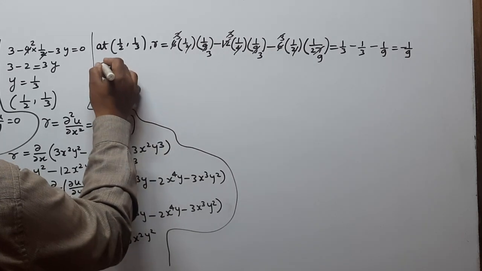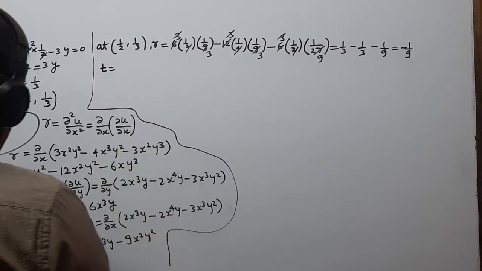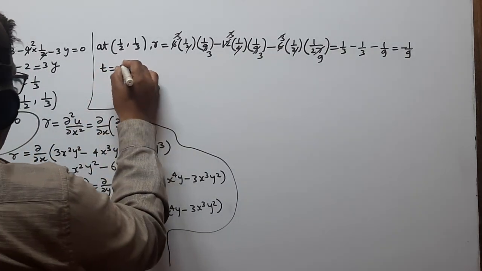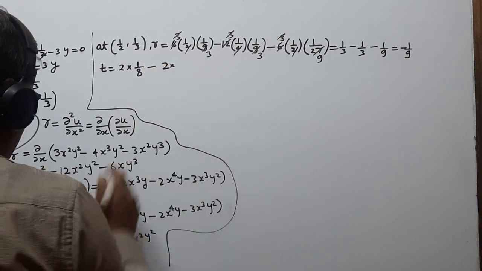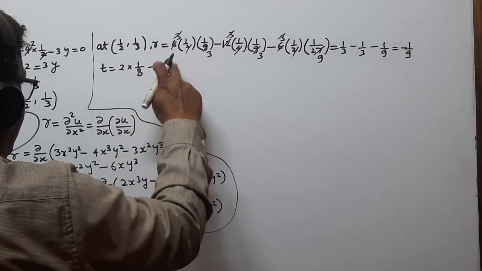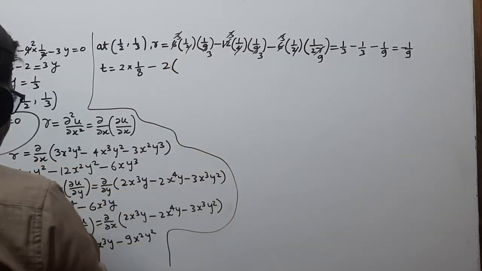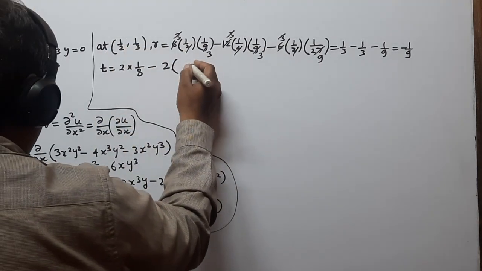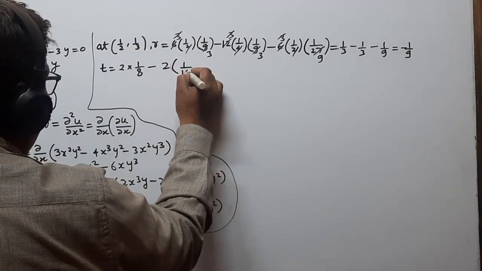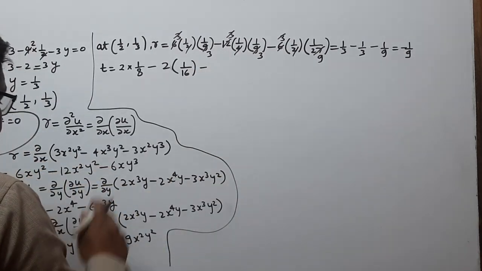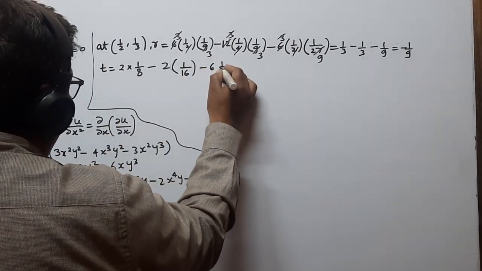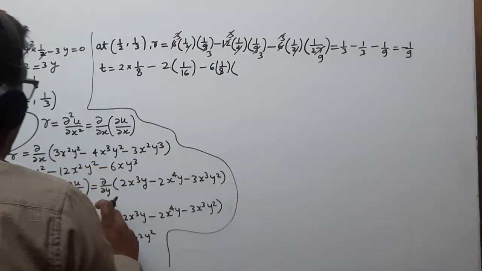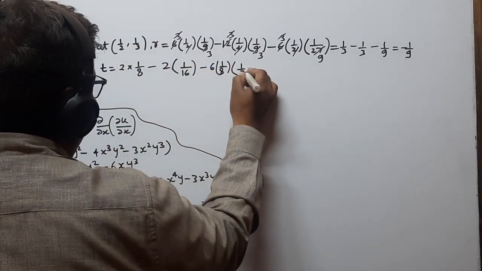Now we find t. So in place of x cube we put 1 by 8, minus 2 x to the power 4, so we put here 1 upon 16, minus 6 x cube, so here we put 1 by 8 multiplied by y is 1 by 3.